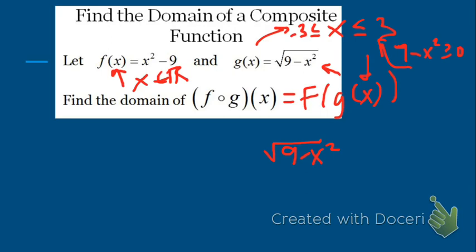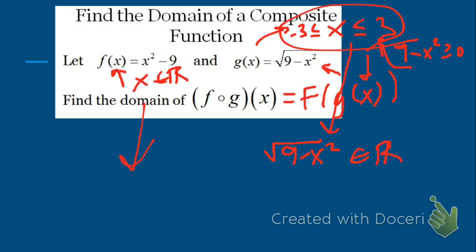So whatever comes out of g of x, it'll be able to be taken on by f, because the domain of f is all real numbers. In other words, we have to make sure that root 9 minus x squared belongs to the set of all real numbers, and it will, as long as you're plugging in values from that domain, x in between 3 and negative 3.